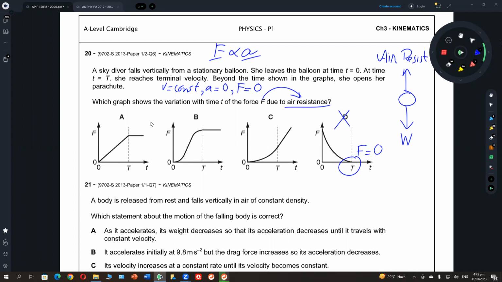When the resultant force is 0, will air resistance and weight be equal? So it will be constant. This is the trap: the resultant force becomes 0. Suppose the air resistance is x at terminal velocity, then x will be equal to w. So at terminal velocity, the air resistance would be constant. It won't increase. It will remain equal to the weight.